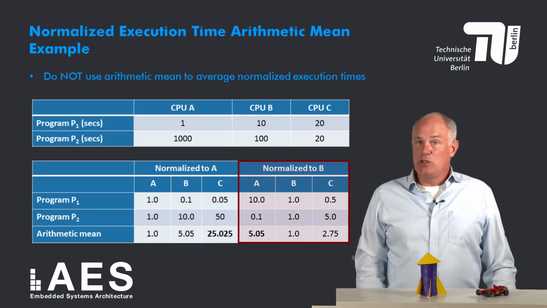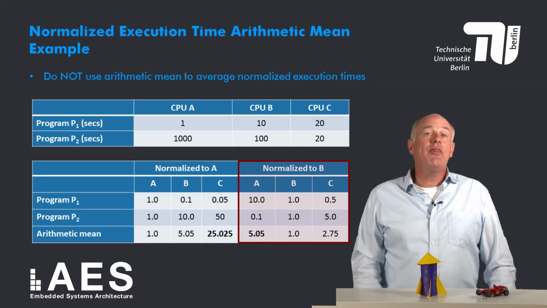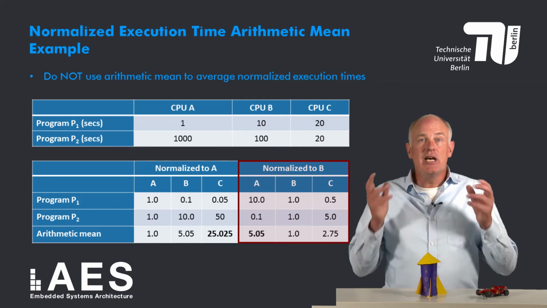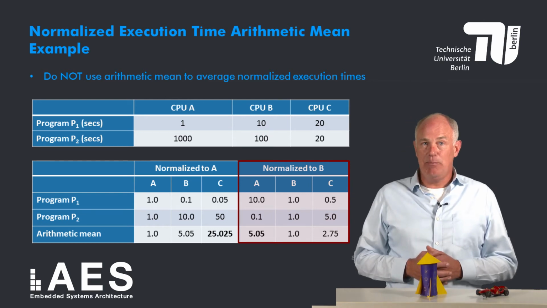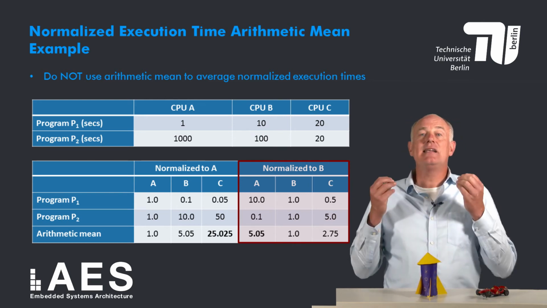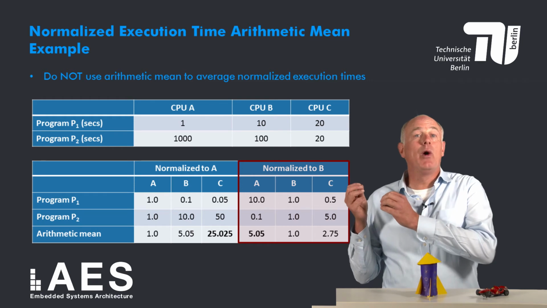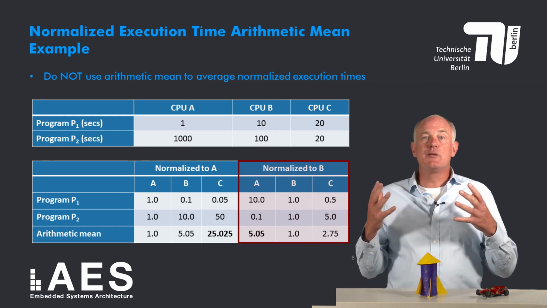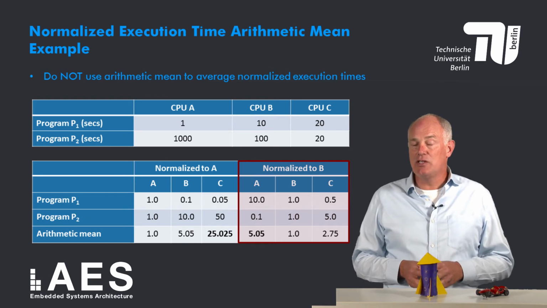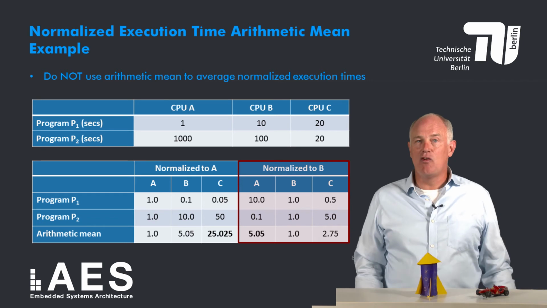Now, if we normalize to B on the other hand, we get these results. Suddenly, A is the fastest since it is 10 times faster than B for program P1 and 10 times slower or 0.1 times faster than B for program P2, corresponding to an arithmetic average of 5.05. Clearly, something is wrong here.